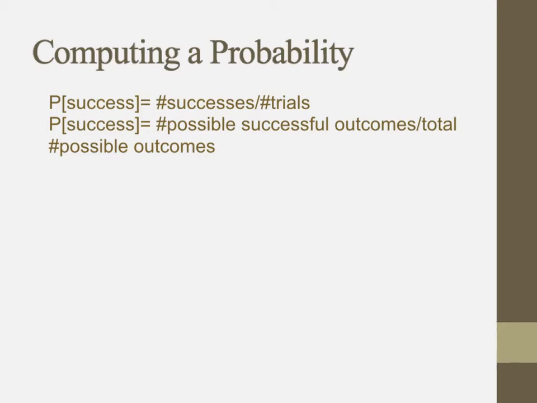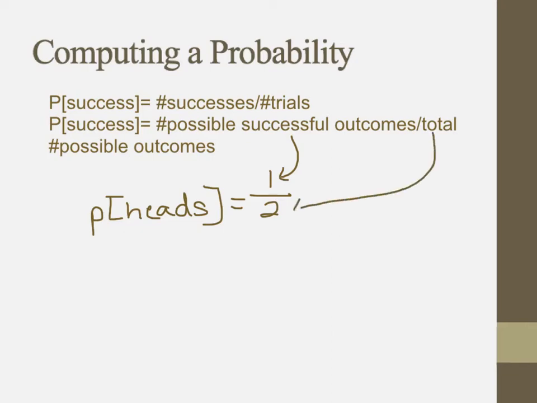So for flipping a coin, the probability of getting heads on a coin flip is going to be 1 over 2 because there is one possible successful outcome, getting heads, and there are two total possible outcomes, heads and tails. And so when we're computing a probability, it's basically this ratio of successful outcomes divided by total possible outcomes.